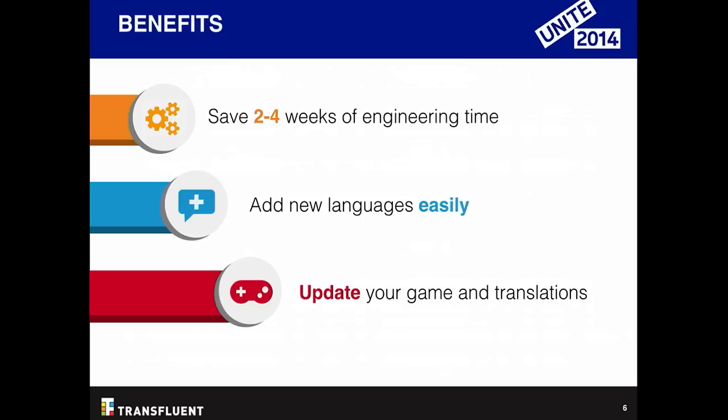It also makes adding languages very easy, because you can order new languages in the editor. And as you iterate in your game and tweak text, it's easy to reorder text. You only pay for translations that you've changed, or for text strings that you've changed. So as you continue to reorder and update your game, you're paying very reasonable fees.